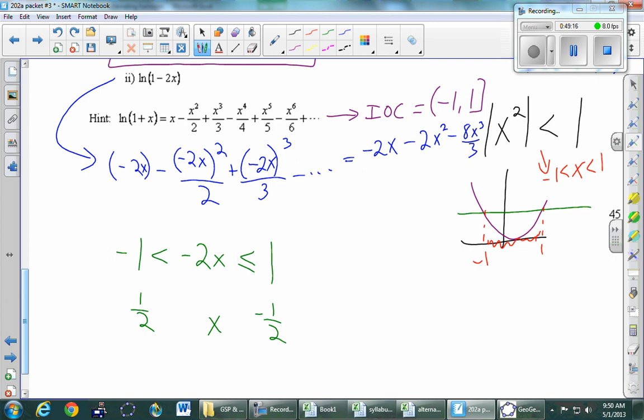You gotta flip that inequality, bigger than or equal to. And with very little work, that's the interval of convergence of the new series. Yeah, the inequality just flips around. It keeps the equals if it still had it.